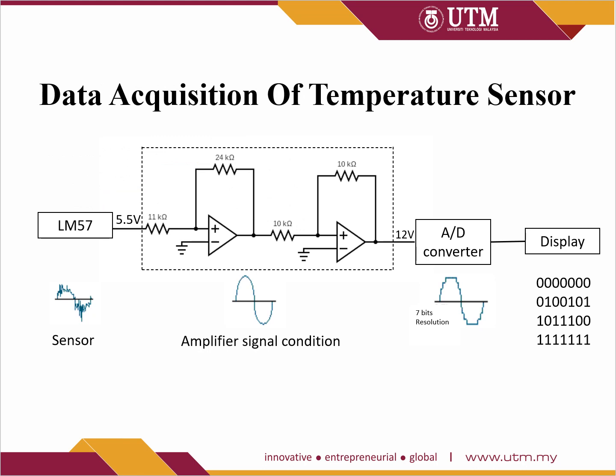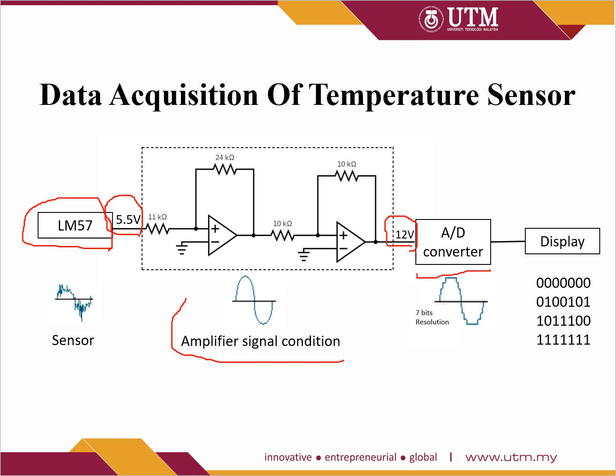Now we have data acquisition of the temperature sensor. First we have the LM57 temperature sensor with the 5.5 voltage. We use this signal condition amplifier to change it to 12 for the car, and then we change it with this analog to digital converter.